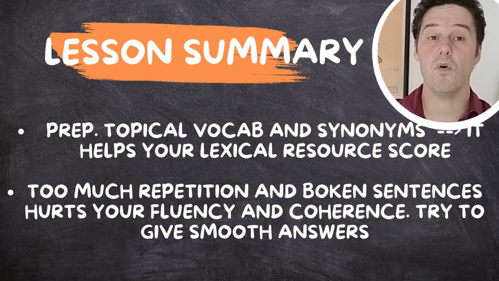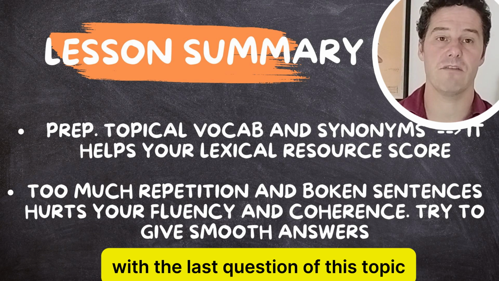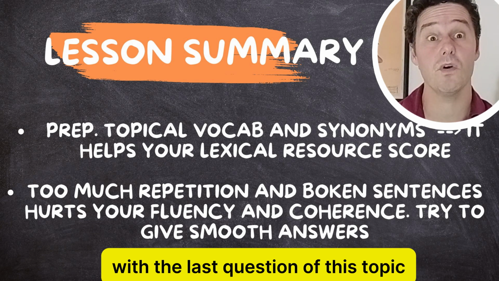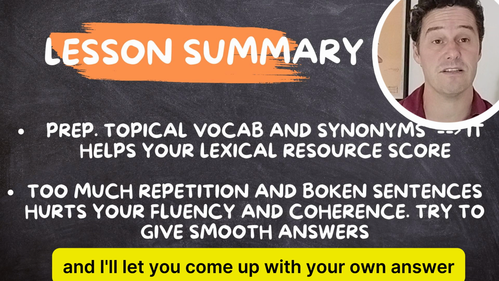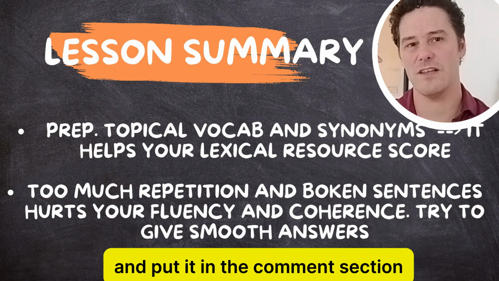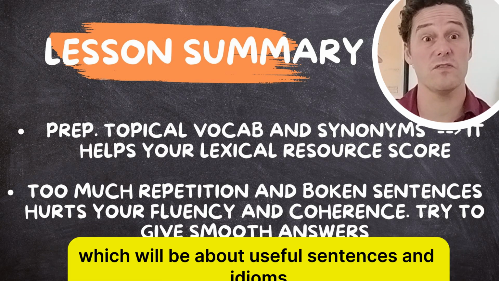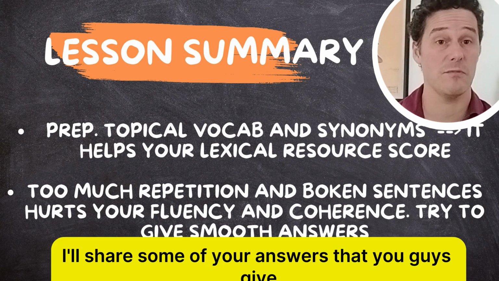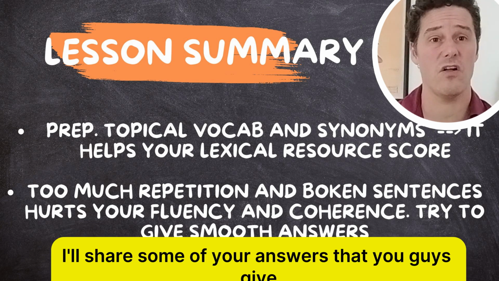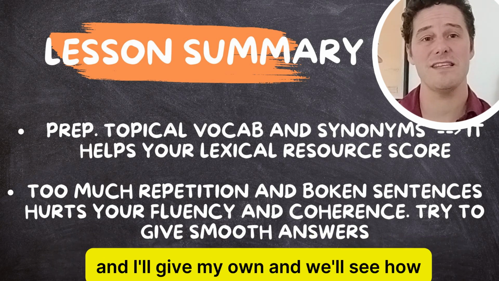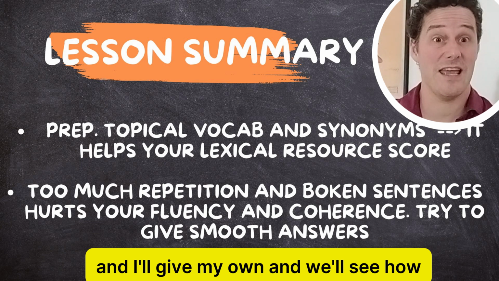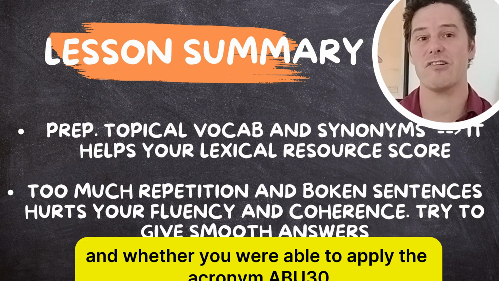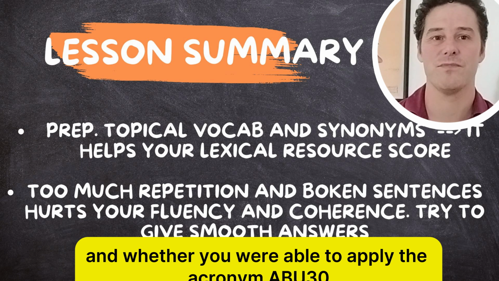Now, I'm going to leave you guys with the last question of this topic, and I'll let you come up with your own answer and put it in the comment section. And in my next video, which will be about useful sentences and idioms you can use in the IELTS speaking exam, I'll share some of your answers that you guys give, and I'll give my own, and we'll see how well you did and whether you were able to apply the acronym ABU 30.